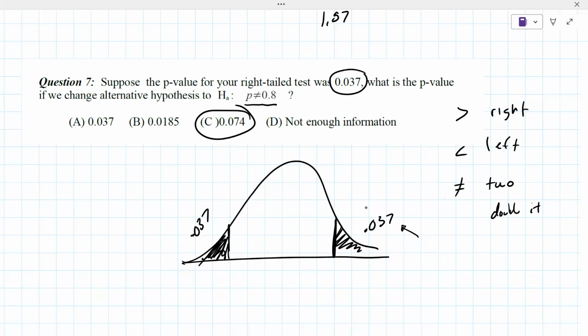Two-tailed: double it. Okay. Right. Any questions on that? No, it's pretty straightforward.